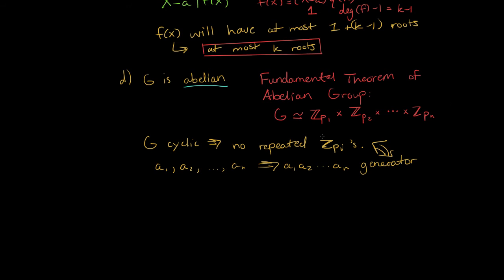So now our goal is to prove that there must be no repeated Z_{p_i}. And here we're going to come to the fact about the divisors. Like I said, let's assume that m is a divisor of the order of G. If the order of G were 100, m could be 50, m could be 2, m could be 10. We're just going to assume that we have some divisor. Our goal is to show that we're going to almost use up our quota.